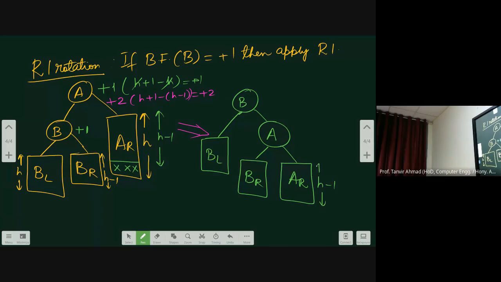Again, this is also h minus 1. This is h. So what is the balance factor of B now? It will become 0.